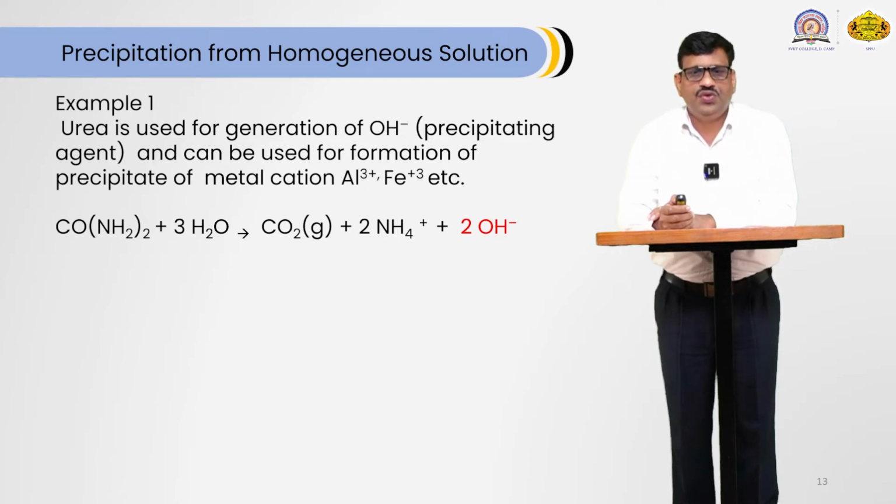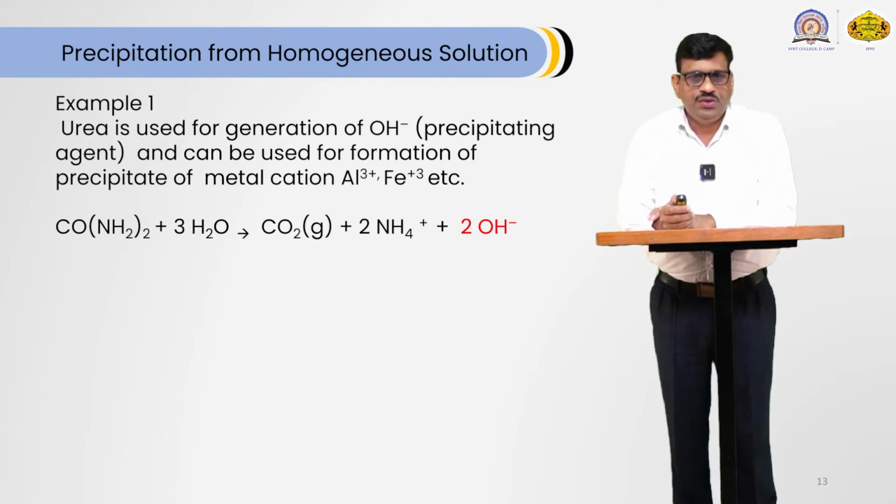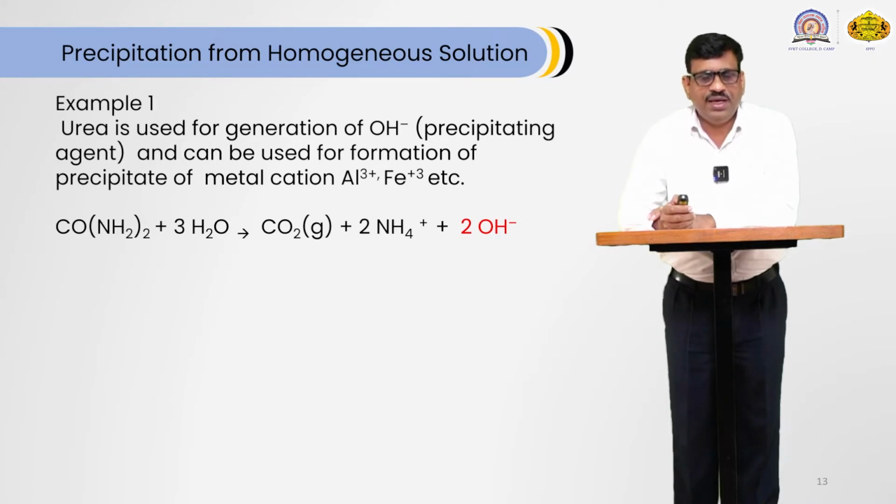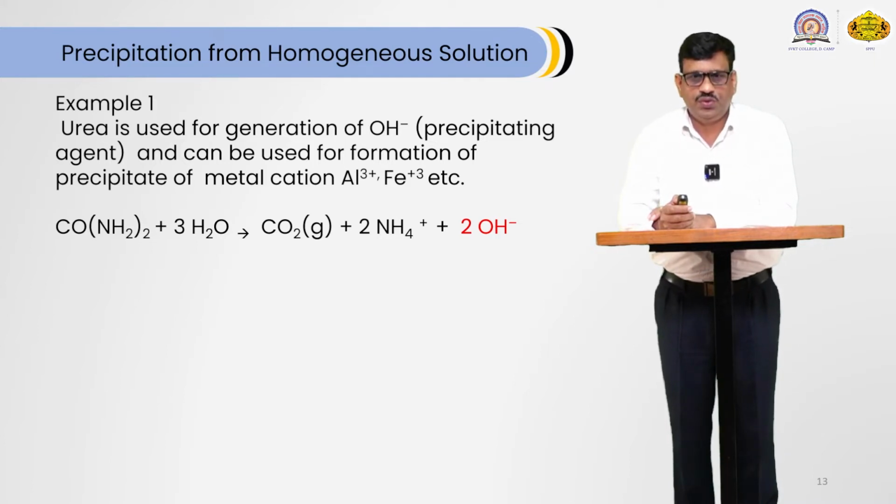In this reaction, it is shown how OH- is generated from urea. Urea, that is CO(NH2)2, is added in water, and there is formation of carbon dioxide gas, ammonium ion, and OH- ion. Hence, OH- ion is slowly generated within the solution.